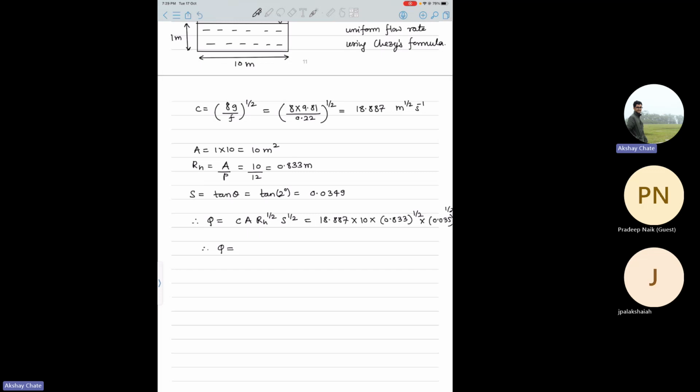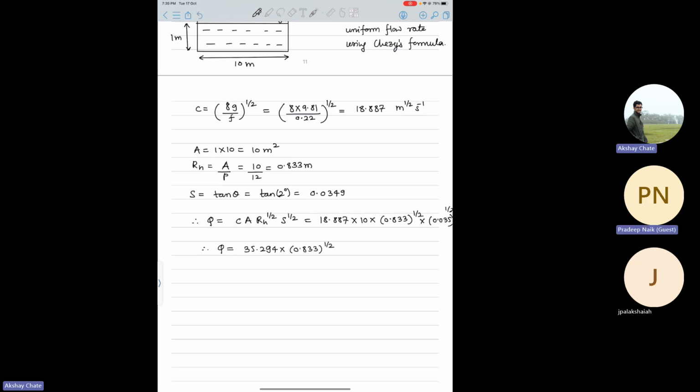So this is 18.887 into 10 into 0.035 square root, which is 35.294, into square root of 0.833.